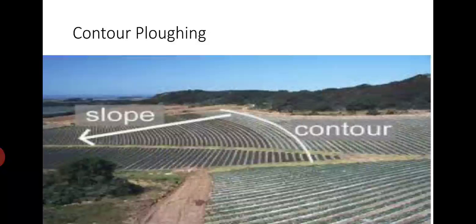Contour plugging. In this method, the plugging should follow the contour lines, and if it follows the contour lines, it will help in decreasing the speed of the water, and in that way it helps in conserving the soil.